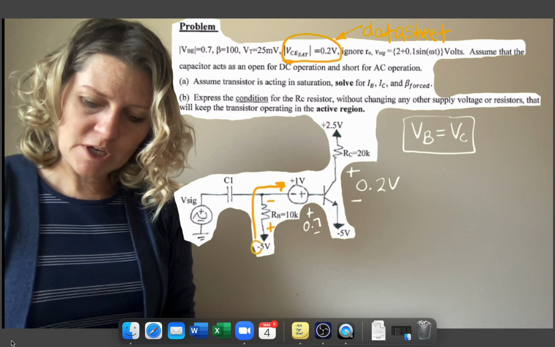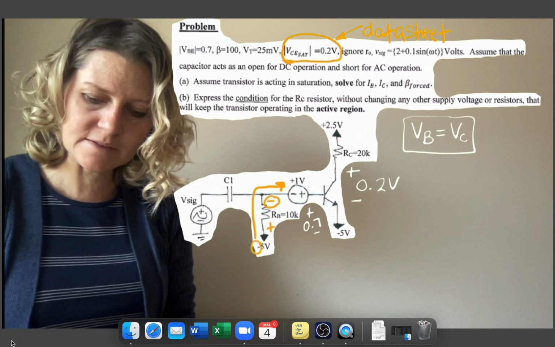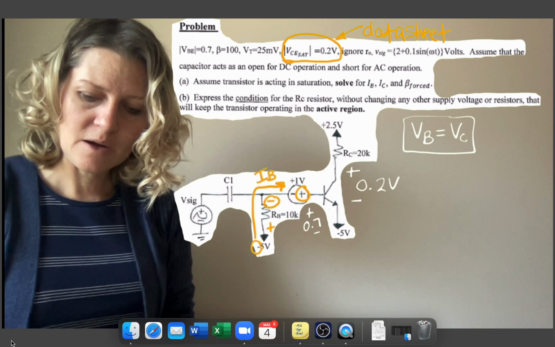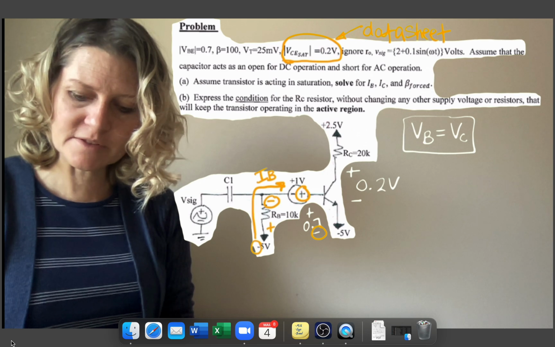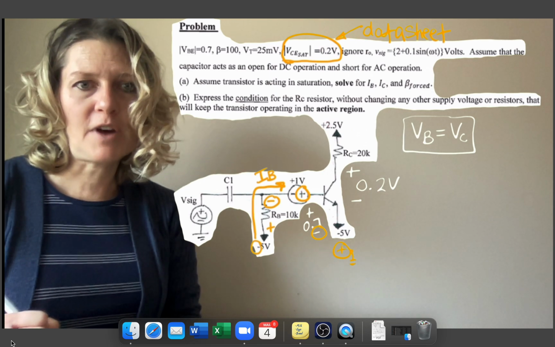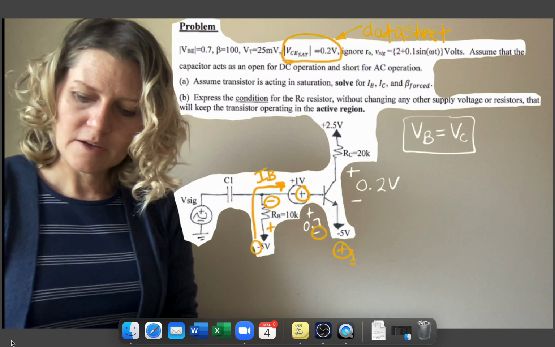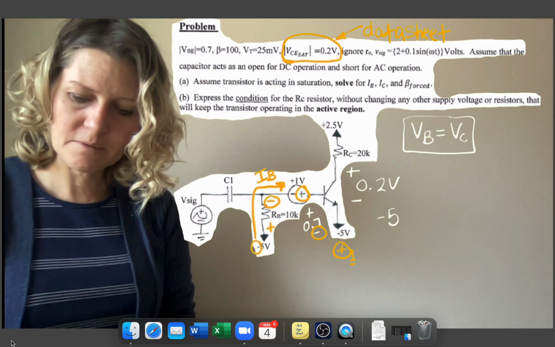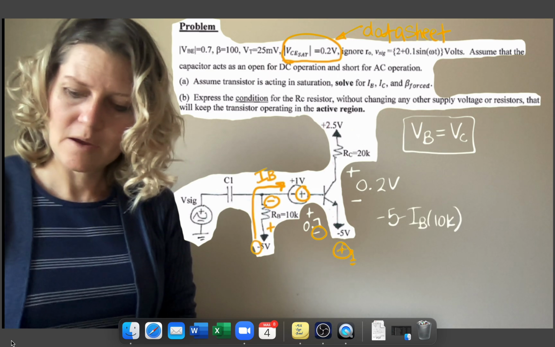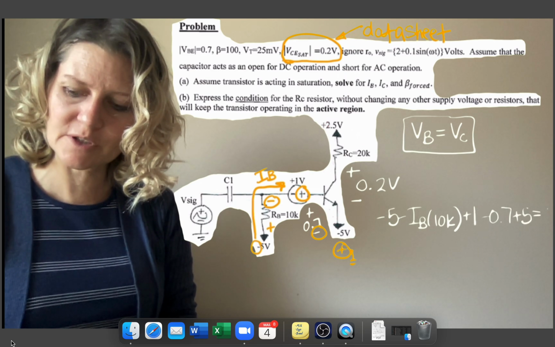And if I'm doing the signs here, this would be a -5, minus IB times 10K, plus, minus 0.7, and then this will be a plus for the 5 down there. So that loop again is -5 minus IB times 10K plus 1 minus 0.7 plus 5 equals 0.